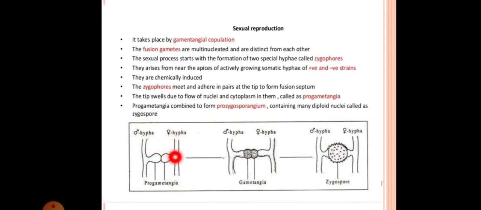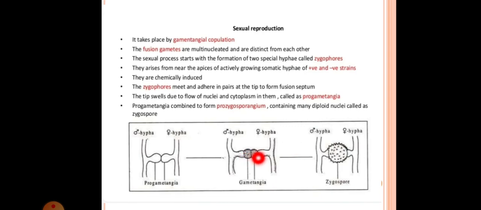When the male and female hyphae fuse, they produce the progametangia. After the progametangia, the gametangia are produced. When these gametangia fuse, they form a zygospore, which is the result of the sexual process.